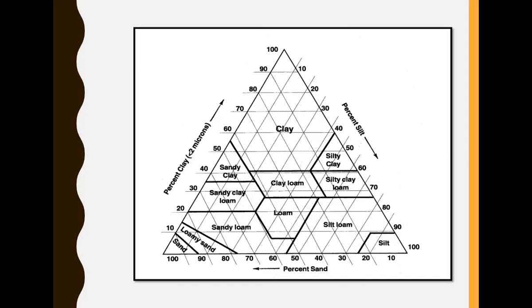Which one? The silty clay loam, okay? So that is what we would put. The next one we're going to do is 20% clay, 40% silt, and 40% sand.